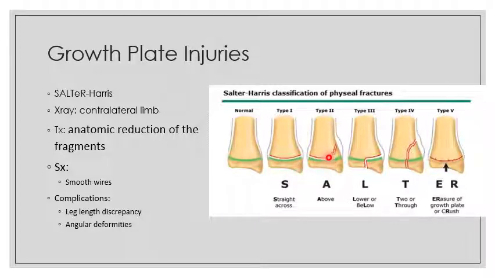Type 2 is above. Type 3 is low or below the epiphysis, through the epiphysis. T for through, going through the epiphysis, then to your metaphysis. And R for erasure or crush, type 5.